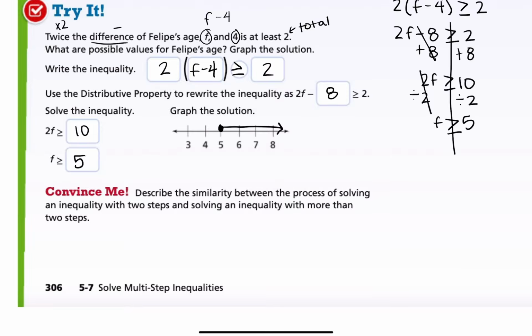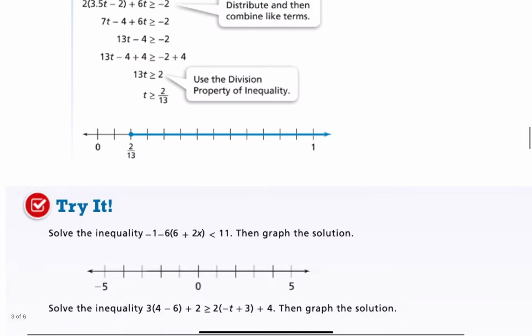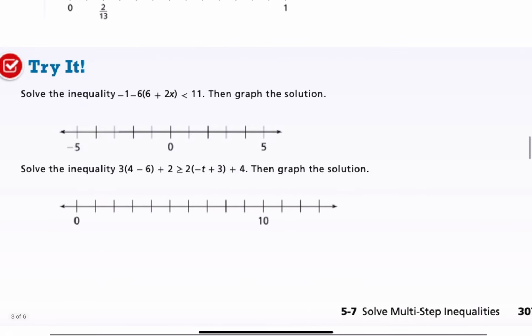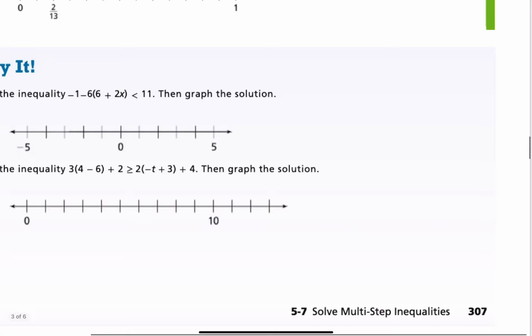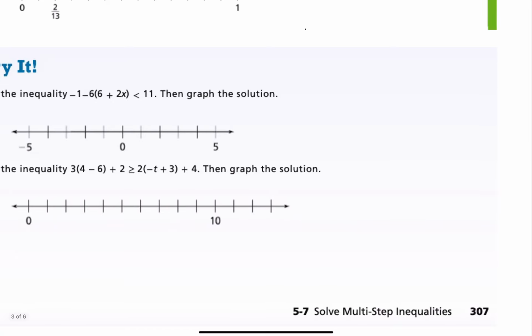All right, moving right along to the next page. I'm going to write this first question over here so we can solve it. -1 minus 6 times 6 plus 2x is less than 11. So the first thing you should notice is the parentheses.